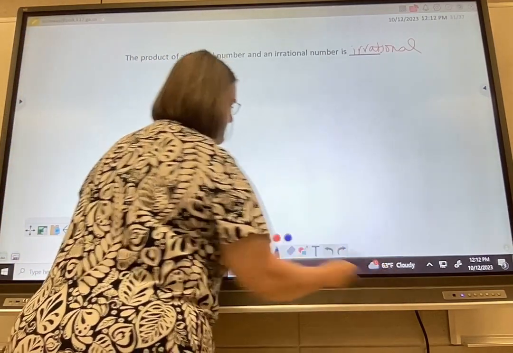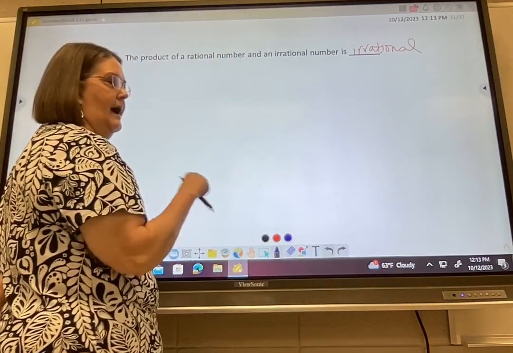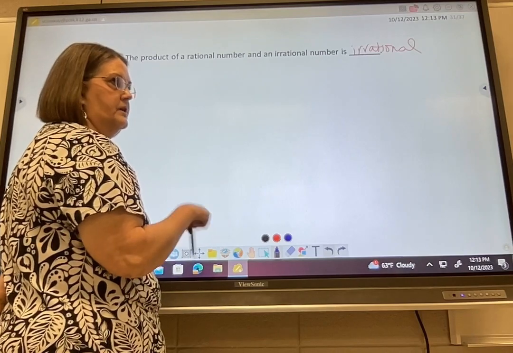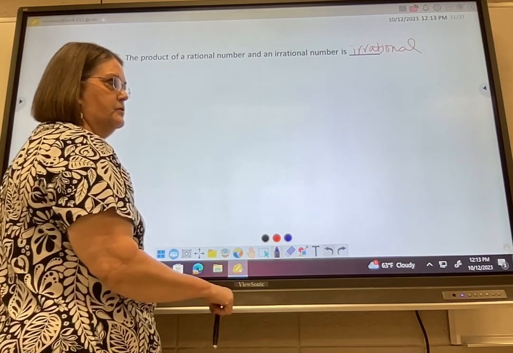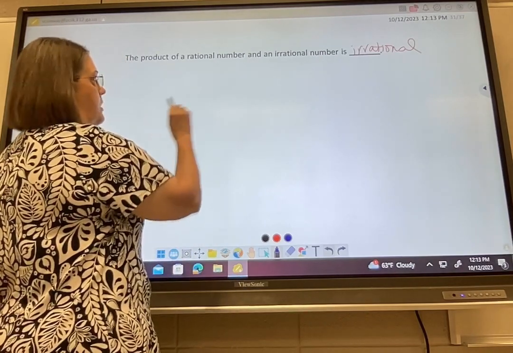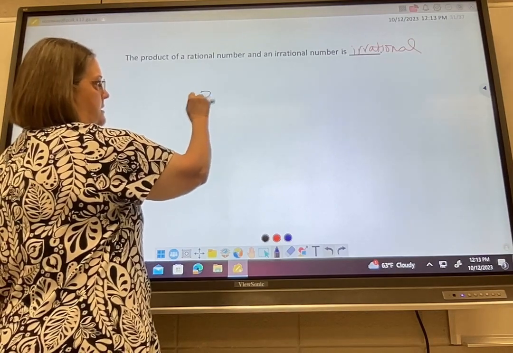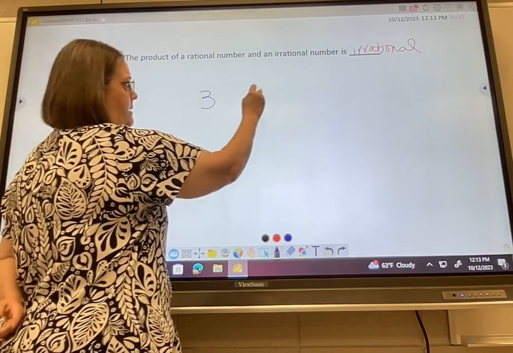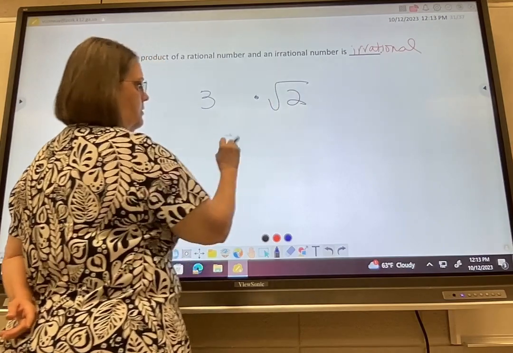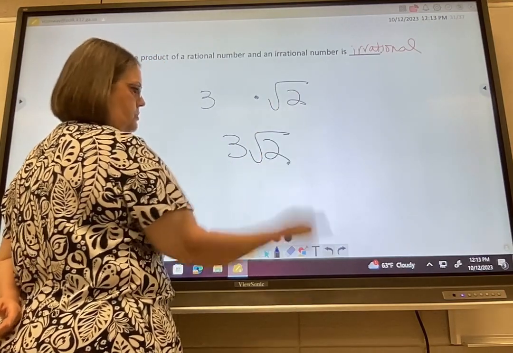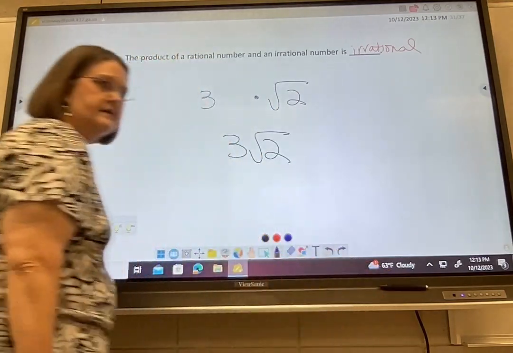Because remember when we're multiplying, we multiply outside numbers with outside numbers and inside numbers with inside numbers. So a rational number multiplied by an irrational number will give me an irrational answer every time.